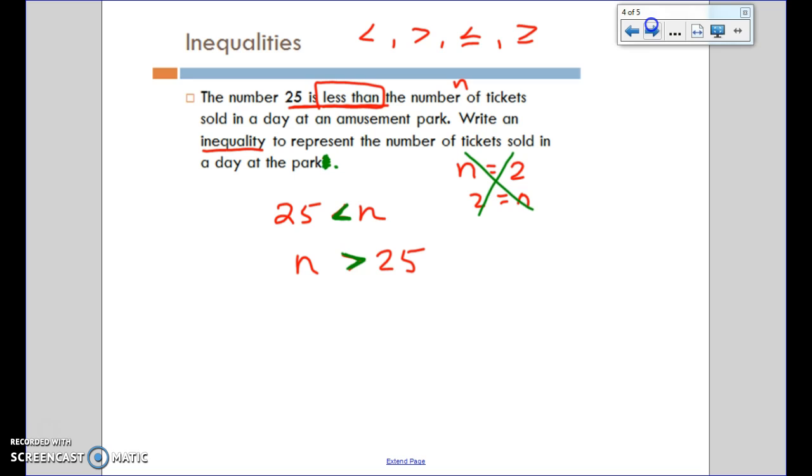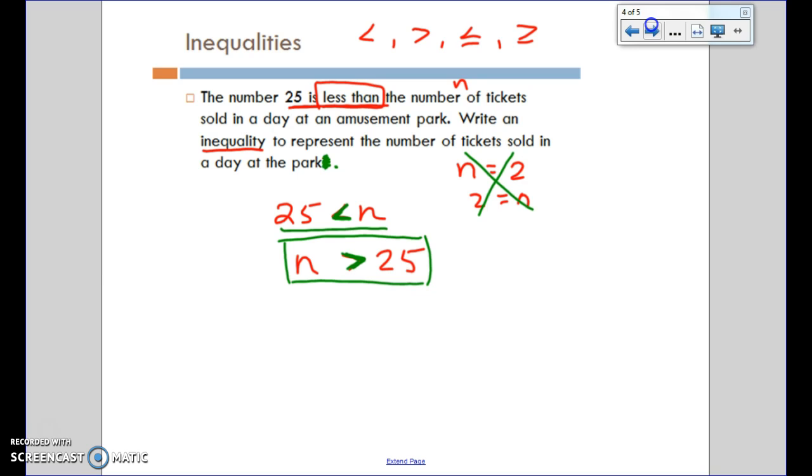So when you flip places, we need to change the direction of the inequality as well. Just be careful there. You might see an answer that would be acceptable, or you might not see this answer and need to realize that 25 is less than n means the same thing as n is greater than 25.